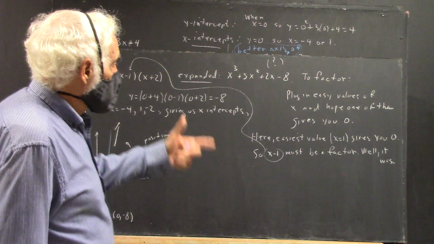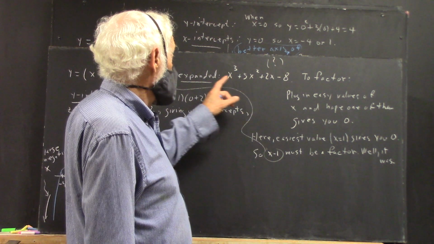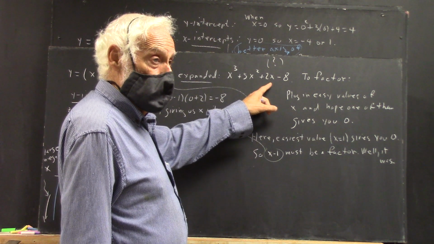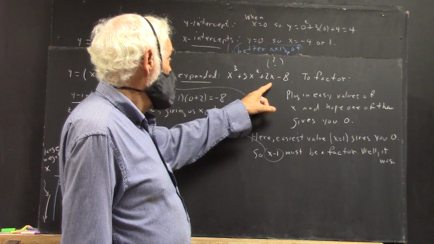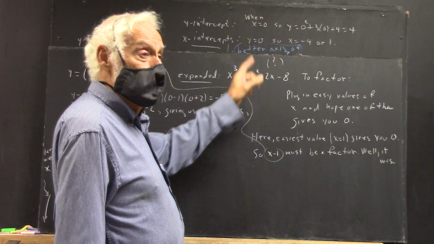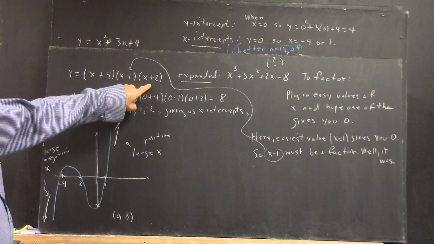Then you could plug in x equals minus 2. Well, that gives you -8 and 20 and -4. Okay? Now, -8 and -4 and -8 is 20. This is 20. 20 minus 20 is 0. Well, that worked because x plus 2 was a factor.